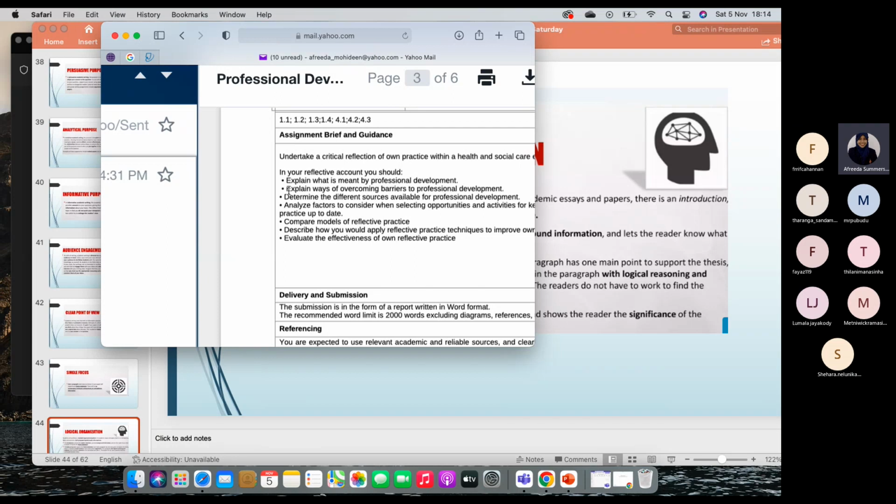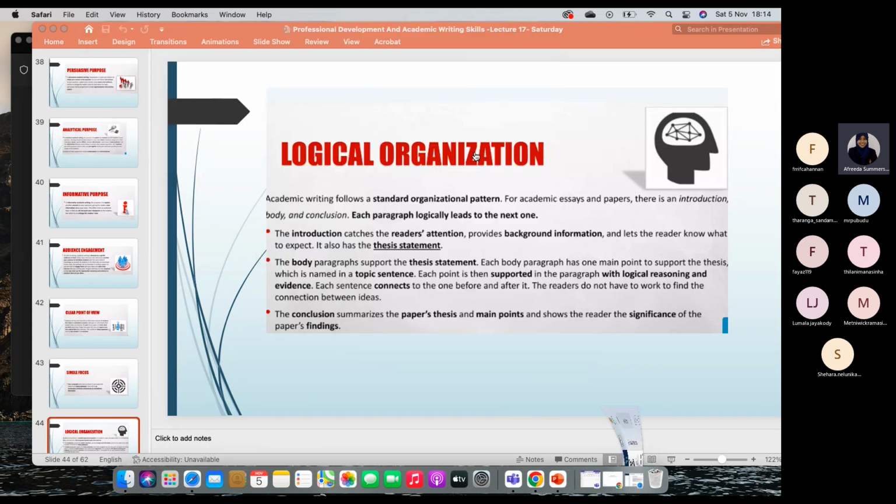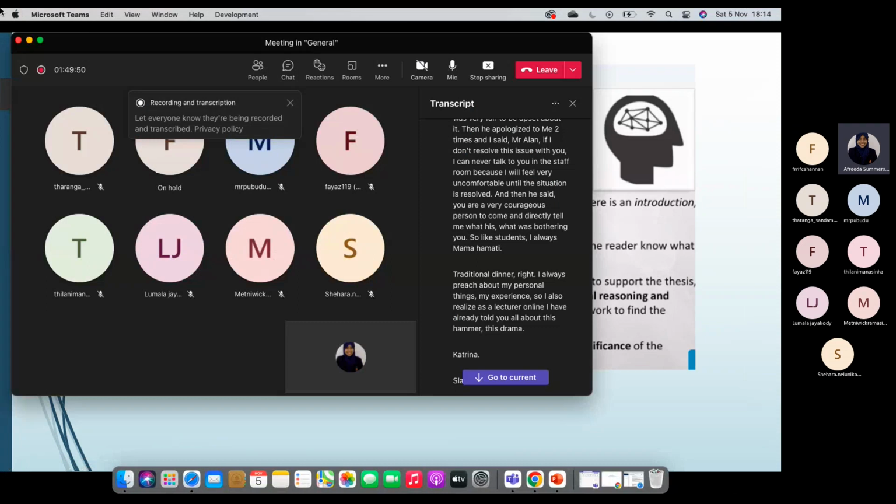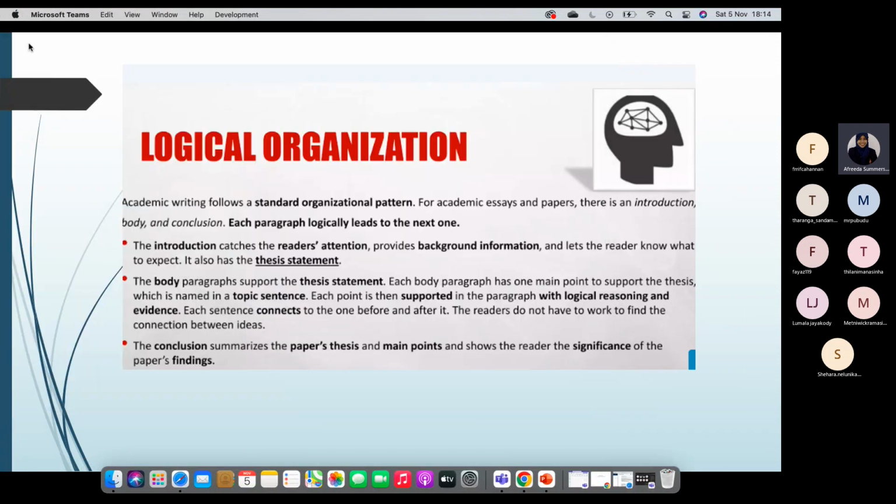Can you see between the second bullet point and the first bullet point, there is a link. That is why they say each paragraph should logically lead to the next one. I have marked only around 4 people's assignments so far, and the ones that I marked didn't have that logical leading to the next one.